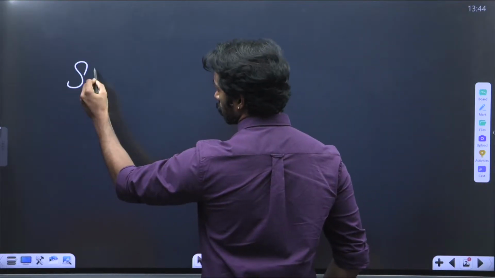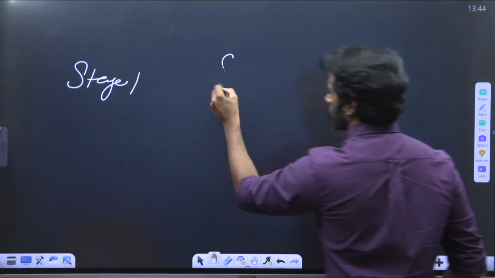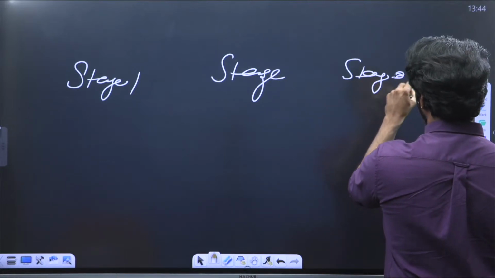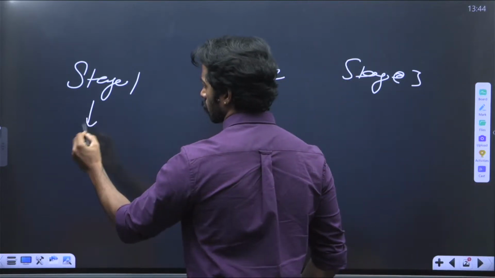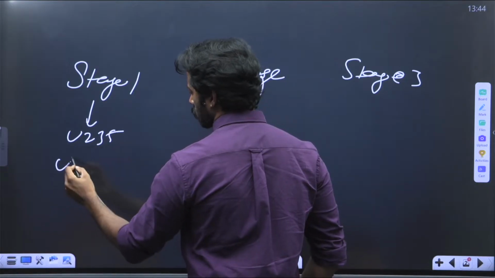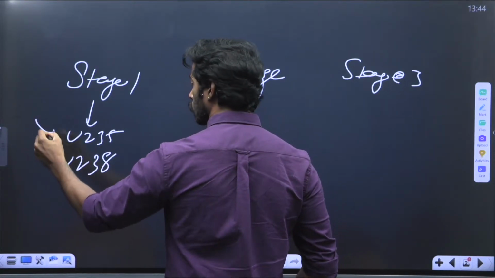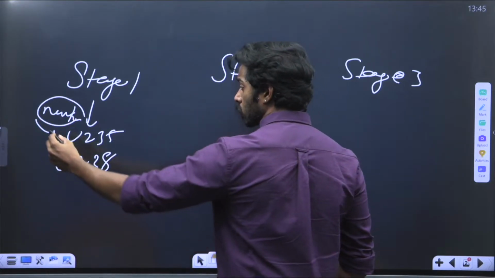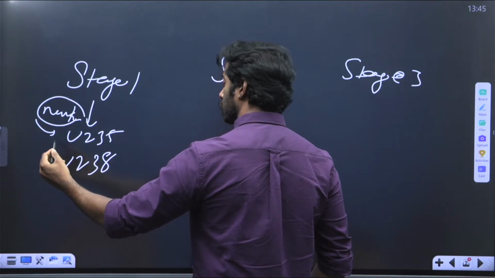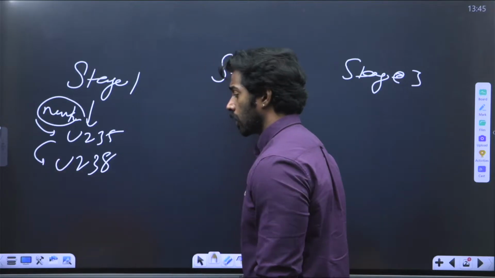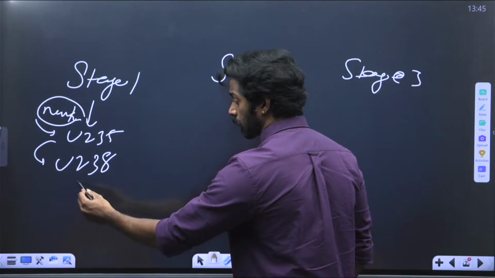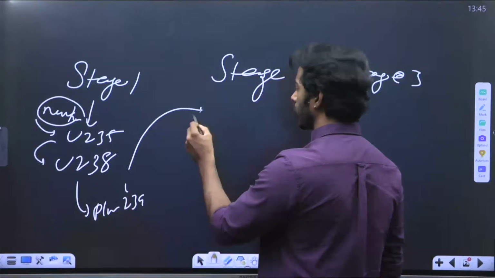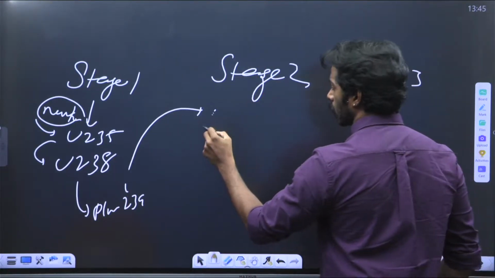Firstly, we have a three-stage program: stage 1, stage 2, and stage 3. Right? In stage 1, you use uranium-235 and uranium-238, where uranium-235 undergoes nuclear fission, and the neutrons released go and hit the uranium-238, which absorbs them and forms plutonium-239. Now this plutonium-239 is used in stage 2, right?